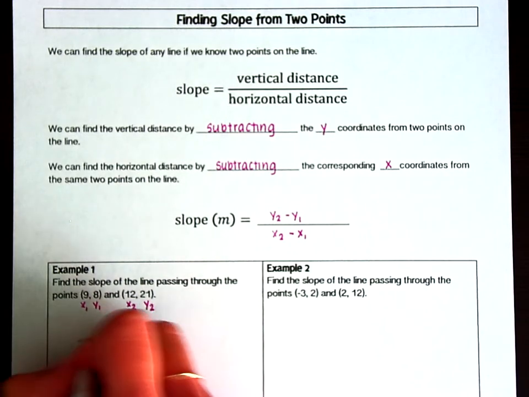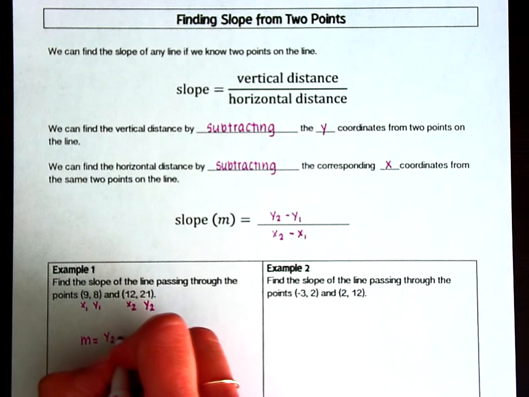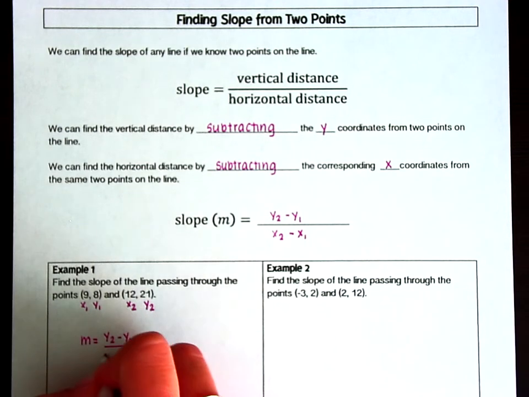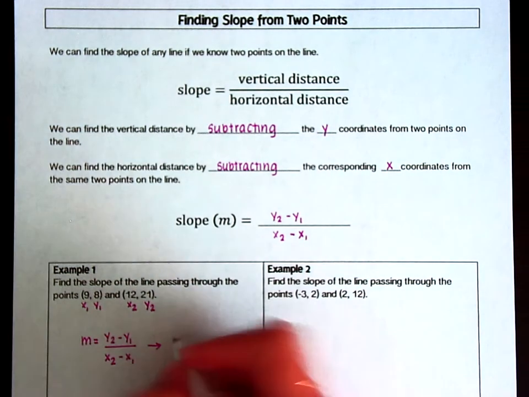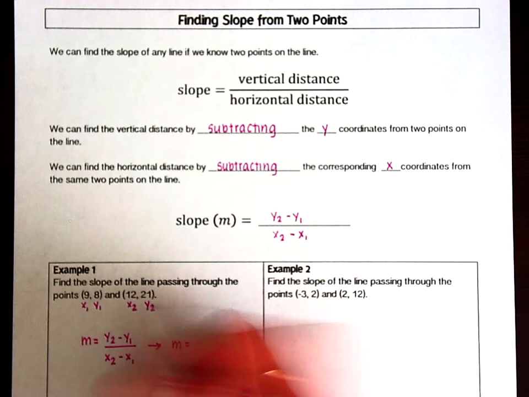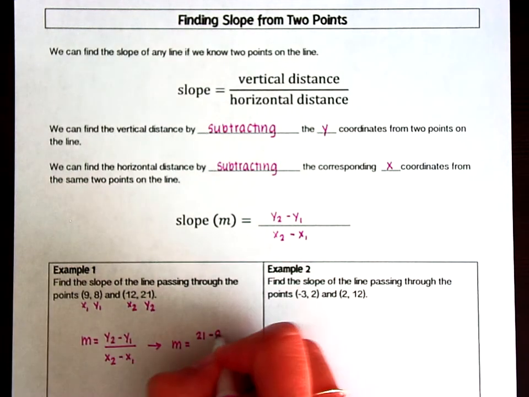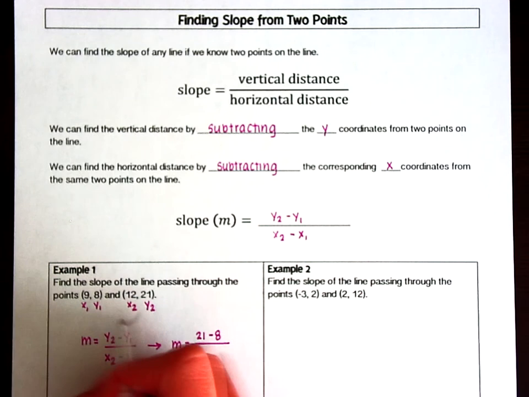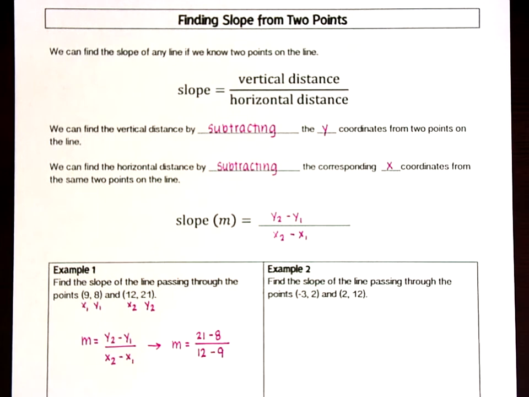So we know that slope is equal to y2 minus y1 over x2 minus x1. So now I can fill in the information that I actually know from these 2 points. So m, or our slope, is equal to our y2 value, which is 21, minus our y1 value, which is 8, over our x2 value, which is 12, minus our x1 value, which is 9.